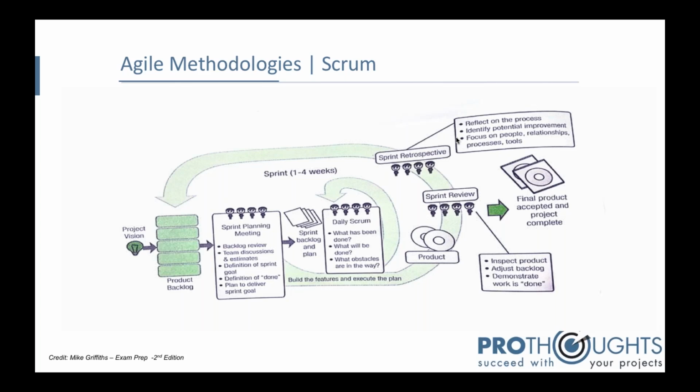In a sprint, the team chooses from the product backlog what features it can do in this particular 2 to 4 weeks.